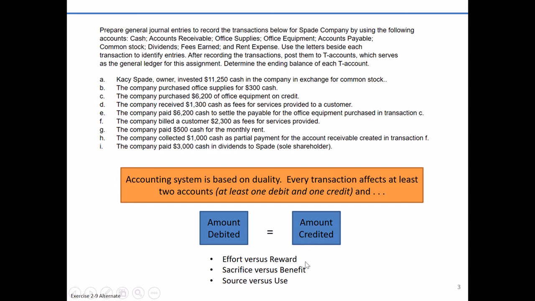I also like to think of duality in terms of whatever effort we make, it has to be equally balanced with reward. That sounds nice, right? Also, whatever sacrifice we make has to be equally balanced by benefit, or whatever source has to be equally balanced with use. So if you think about it before we jump into our transactions up here, think of a simple example in your own life.